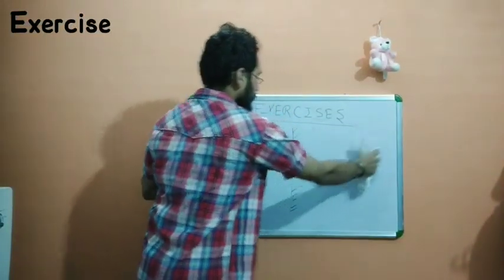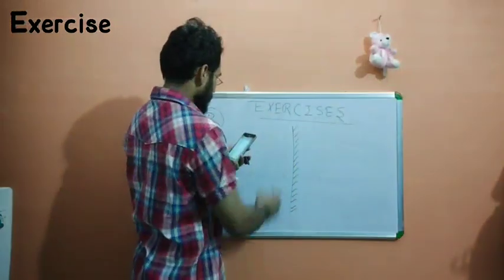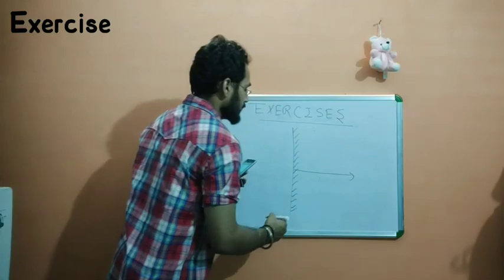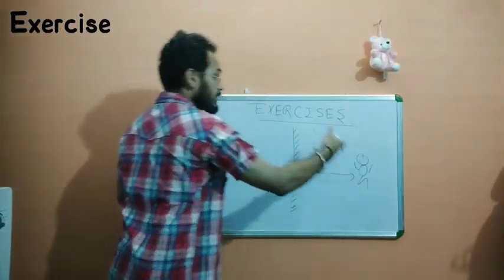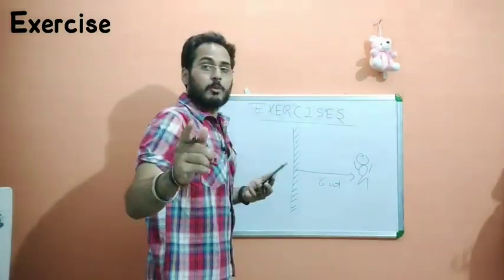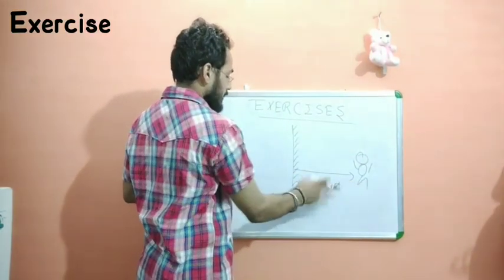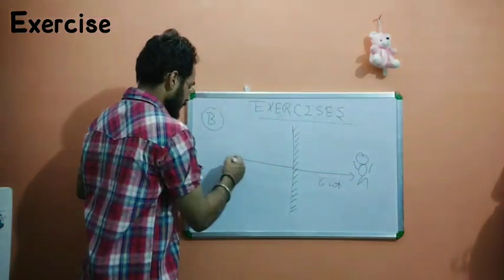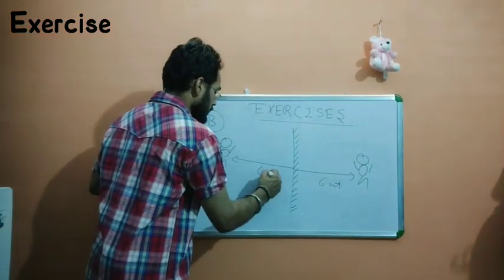The distance between the mirror and the image is given. The image will be behind the mirror, so this is the object and this is the image. It is at 6 meters, and according to the property, the distance of the object from the mirror will be the same. This is also 6 meters.